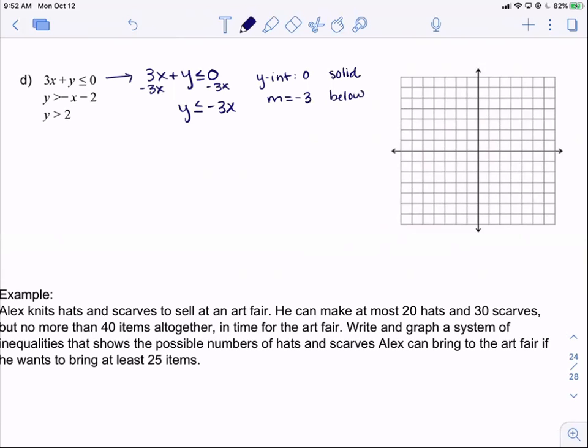All right, so if we graph that, we start at our origin, and we're going to go down 3 to the right 1. And then we're going to go up 3 to the left 1. Then we have a solid line.